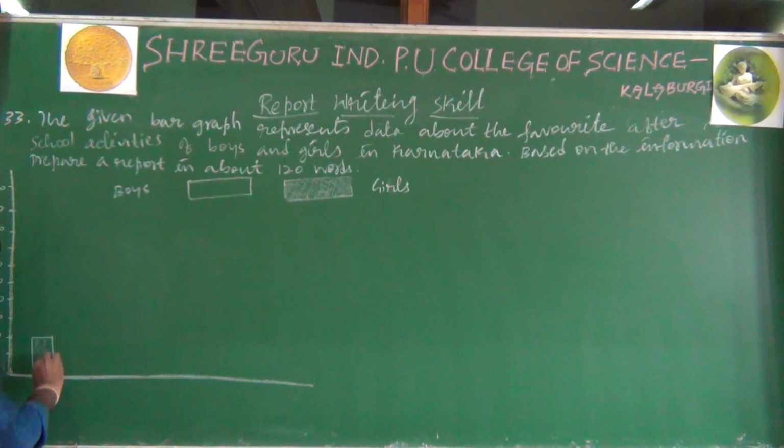First one is darkened. It is with 20%. Play sports.